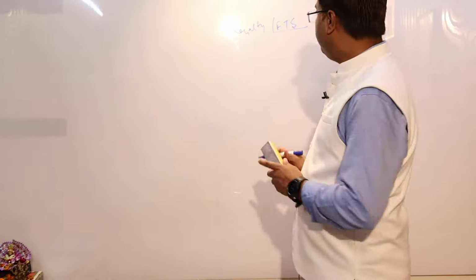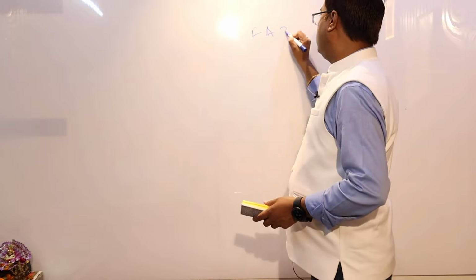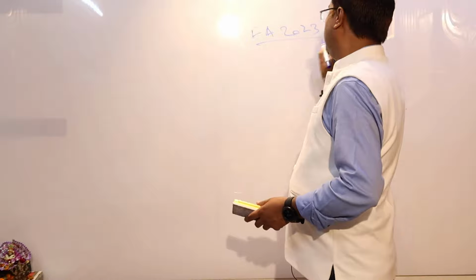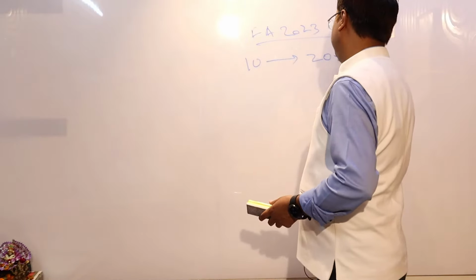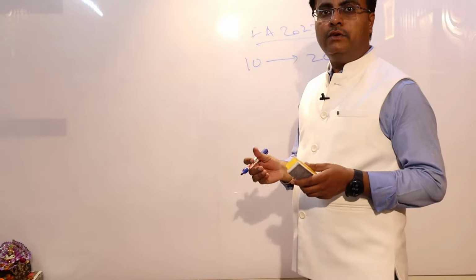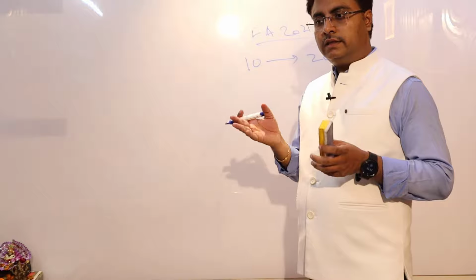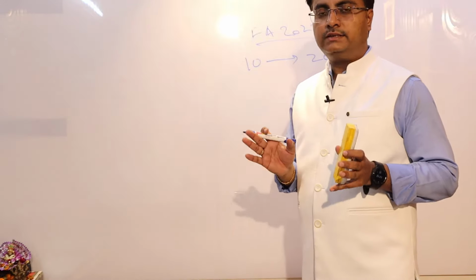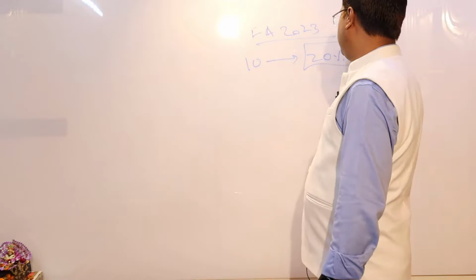There is an important amendment by the Finance Act 2023. Your rate changes from 10% to 20%. Suppose you are making foreign remittance for fee for technical services, that is source based tax as per section 9(1)(vii); you have to deduct 20%.